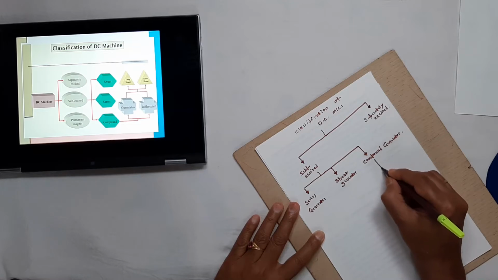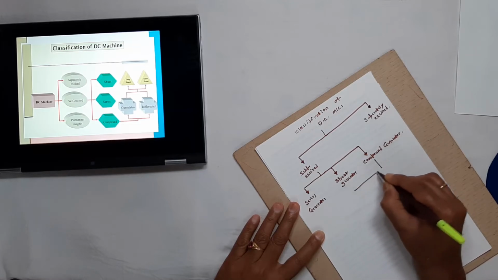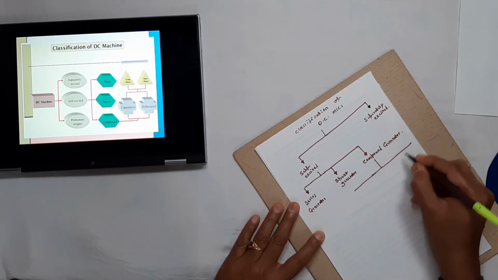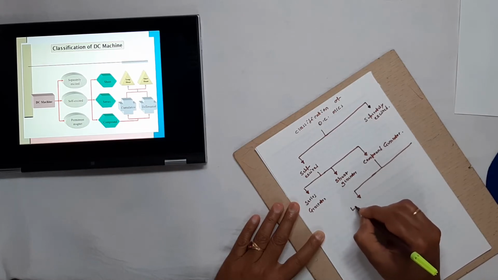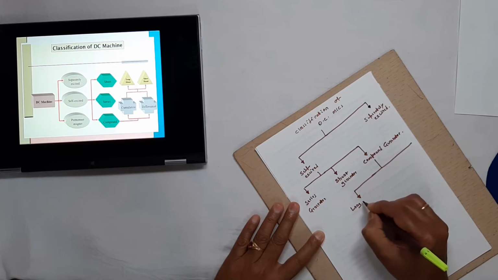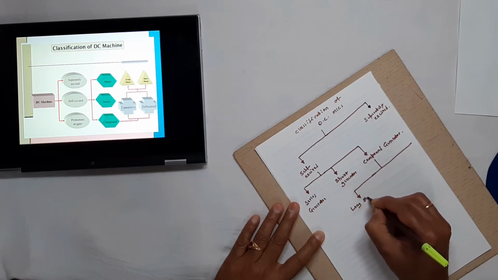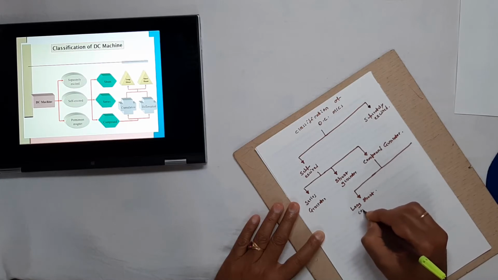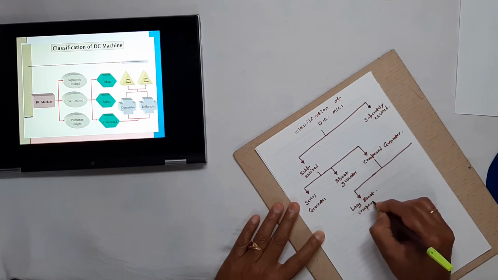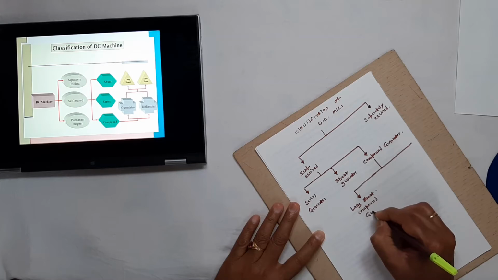Under compound generator, we have two types. One is called a long shunt compound generator.